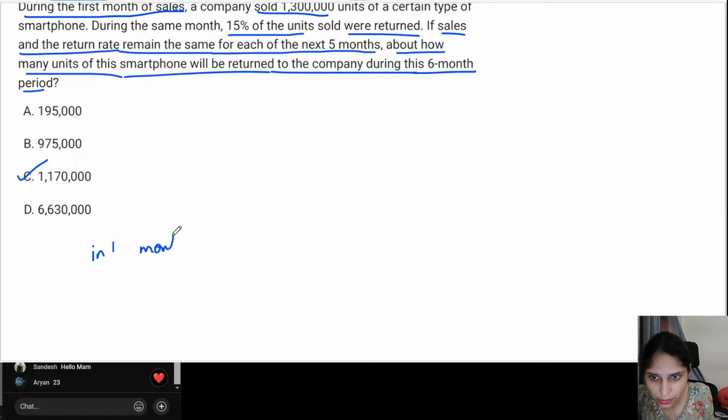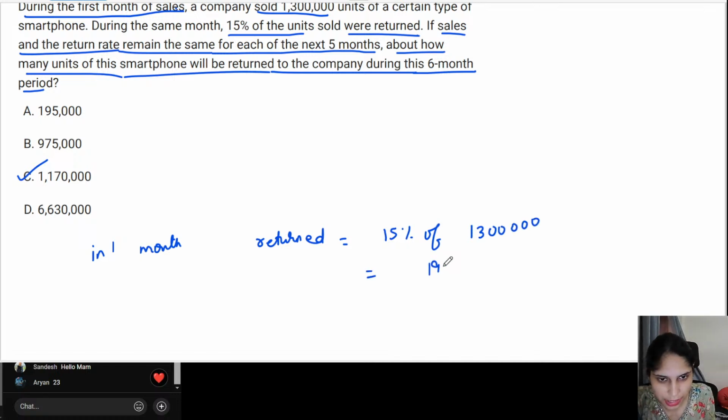So in 1 month, the return is going to be 15% of this. That is 195,000. But they want to know in 6 months. Because return rate is same, that means your slope is going to remain the same.